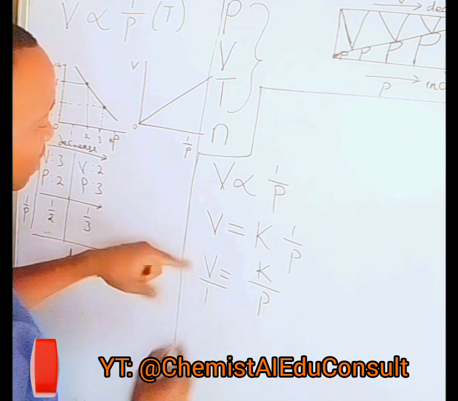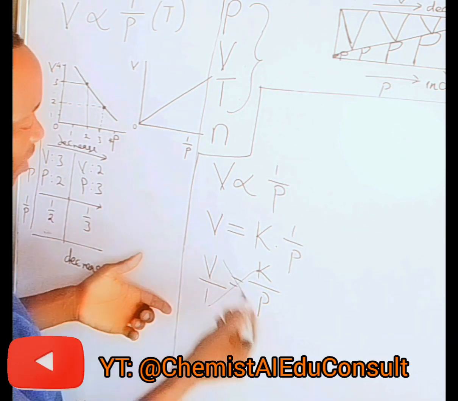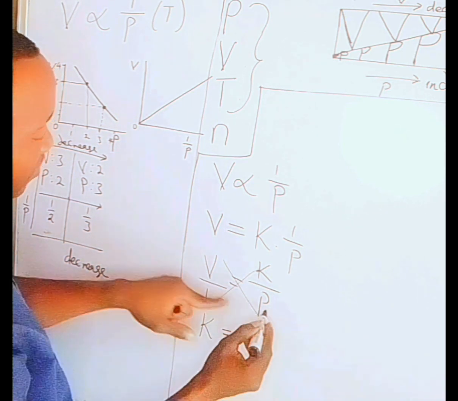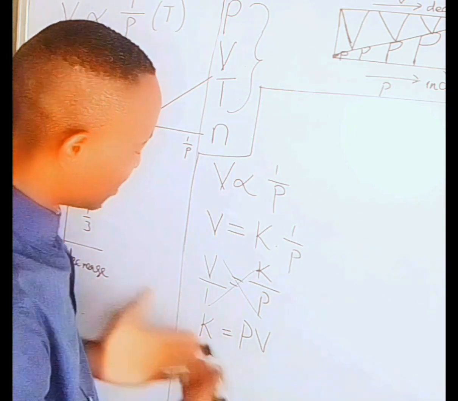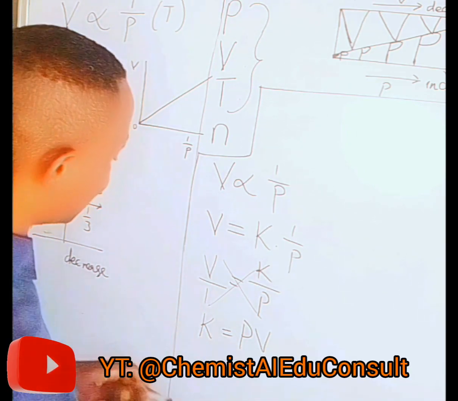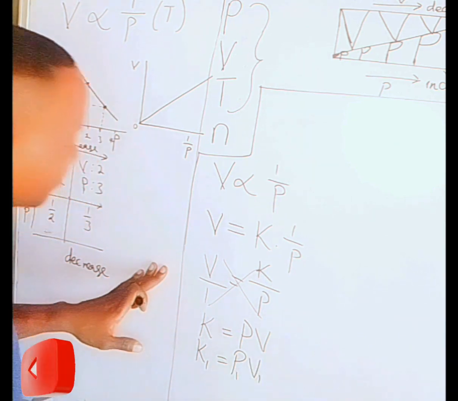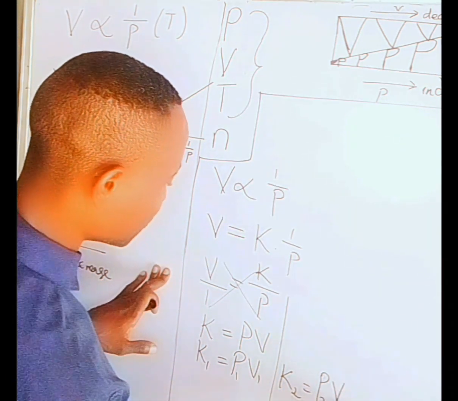When you make this V over 1, you know, these are two fractions. You can clear the fraction by saying K times 1, which is K. P times V, which is PV. So if PV is constant, it means that K1 is equal to P1 V1. K2 is equal to P2 V2.